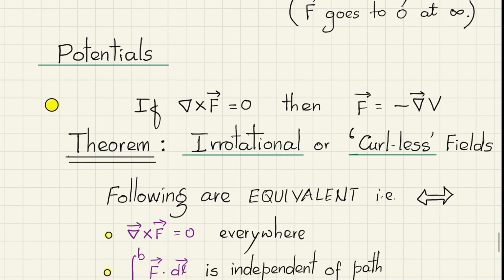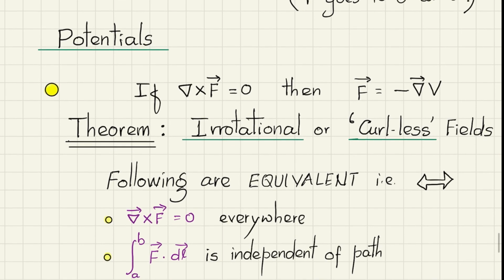In fact, we already have seen that if del cross F is 0, that is, if it has no curl, if it is curlless or irrotational, then F can always be described as minus grad of V. So one can summarize all the associated results.